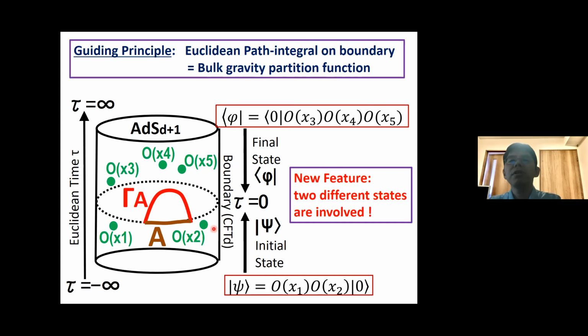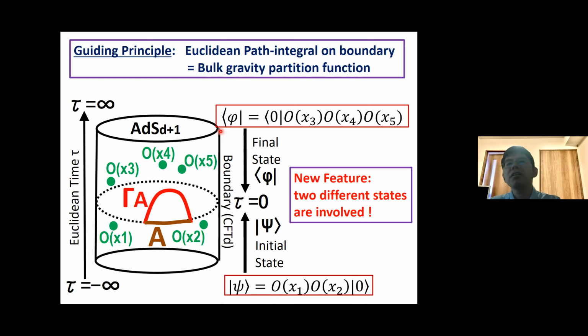And we actually encounter two different states, as I write here. The simplest example: we put two operators in the lower half, and three operators in the upper half. In that case, there are two operators in the lower half, and the path integral from -infinity to tau equals 0, where we measure some quantity at tau equals 0, creates this state. The vacuum state is excited by two operators.